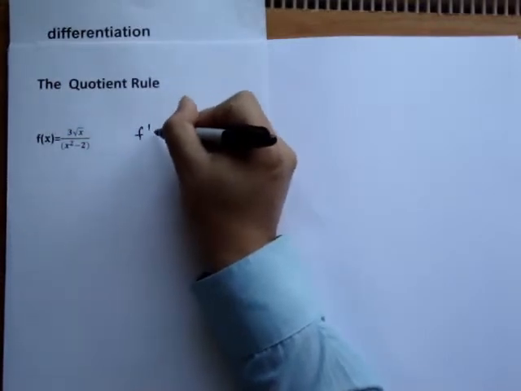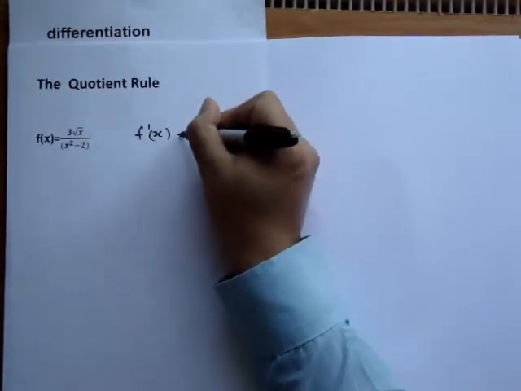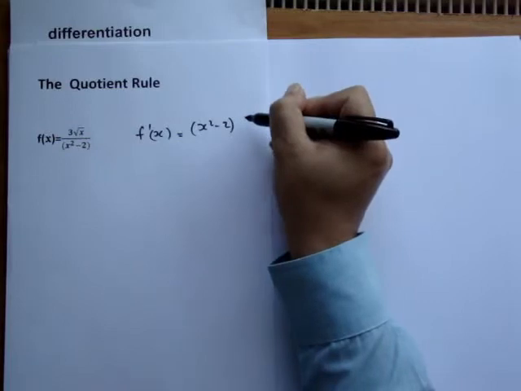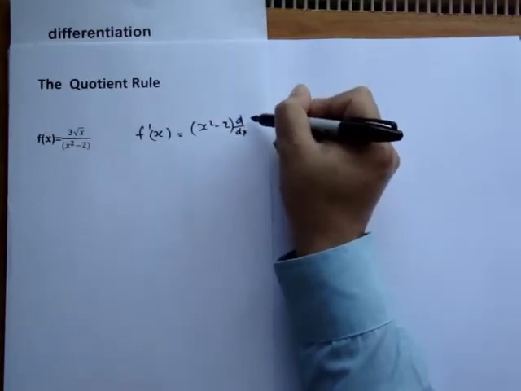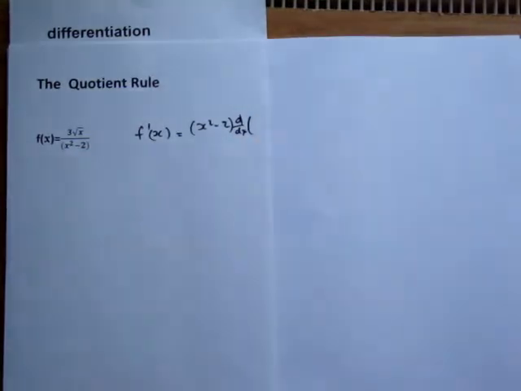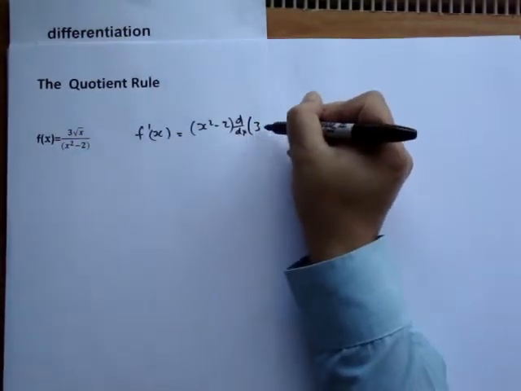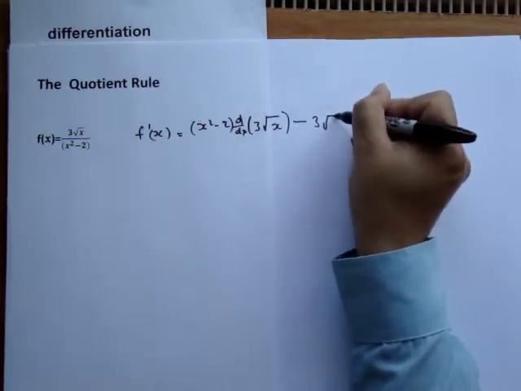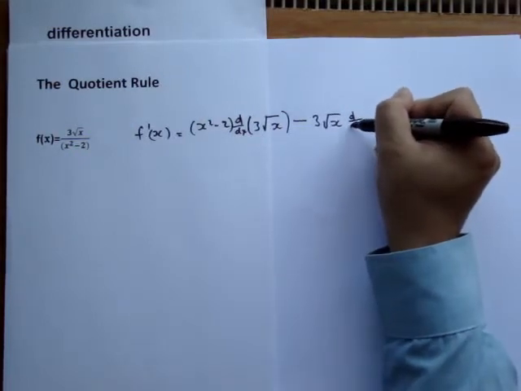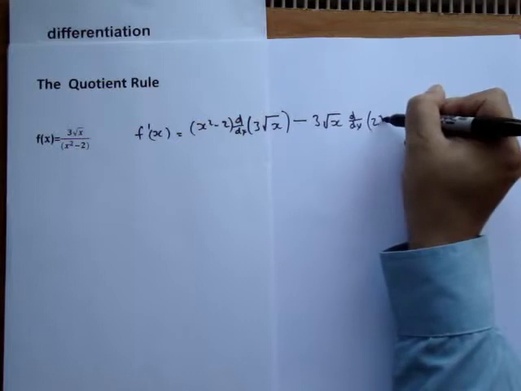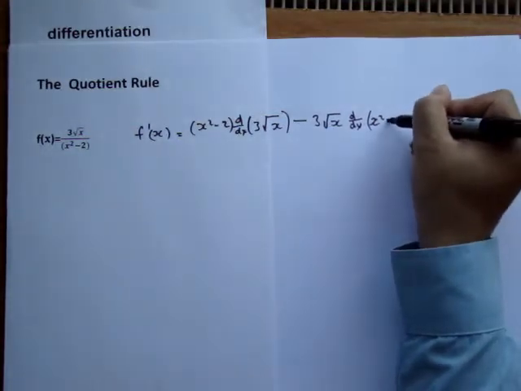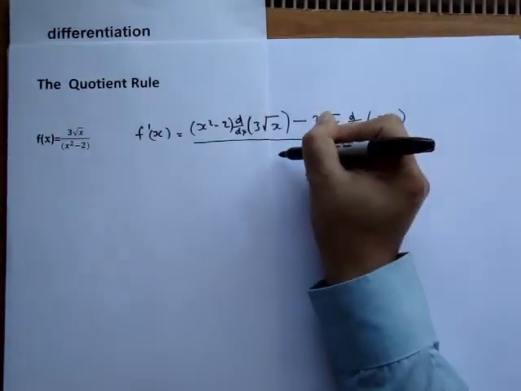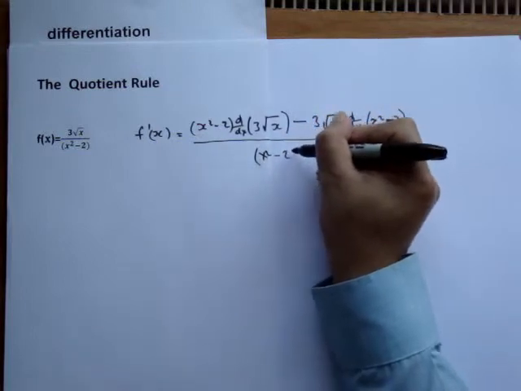So f prime of x, let's just take it one step at a time. x squared minus 2, which is the denominator, the derivative of 3 root x, minus 3 root x multiplied by the derivative of the denominator again, x squared minus 2, and all that over the denominator squared.